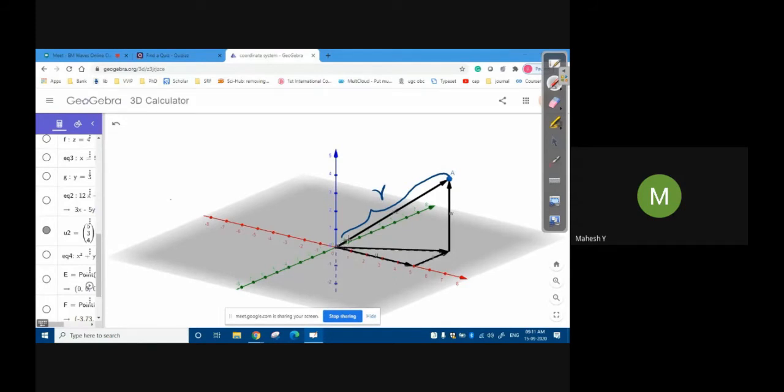Rho is actually the shadow of this line. So this is phi, and the angle between z and r is called theta. Okay, so this is what we have learned in the last class.